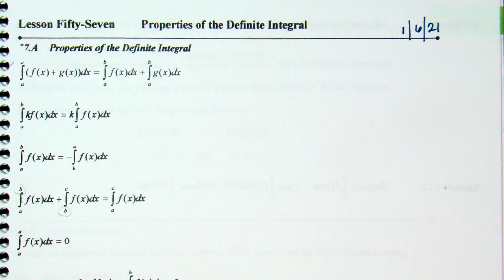The integral from a to a is always 0, meaning if you're going from one number to the same number, that integral is always equal to 0. Next one.